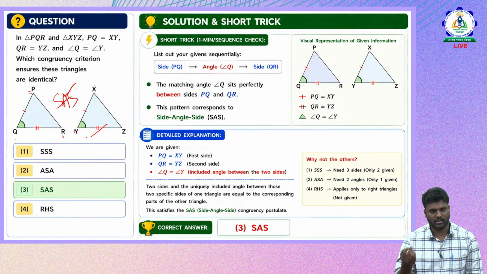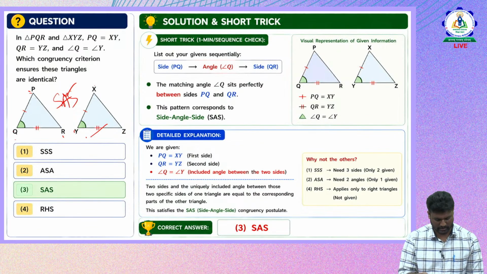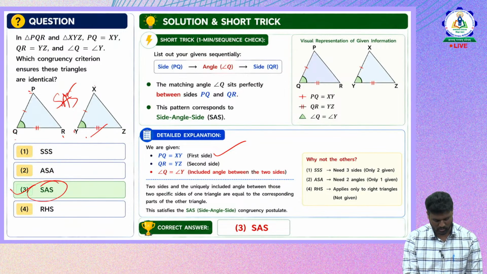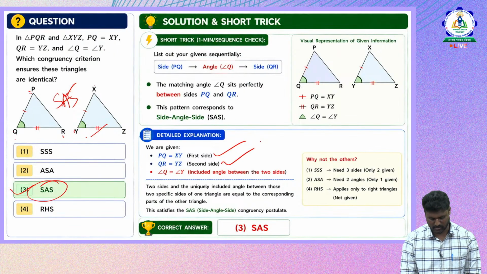If you remember the rules and criteria of congruent triangles, directly by choosing the option we can say that the given criteria ensure the triangles are identical based on the SAS congruence of triangles. PQ is equal to XY, so the first side is satisfied, and the second one, QR is equal to YZ, is also satisfied, where angle Q and angle Y are included between the two sides.